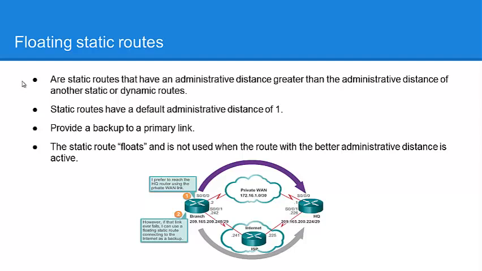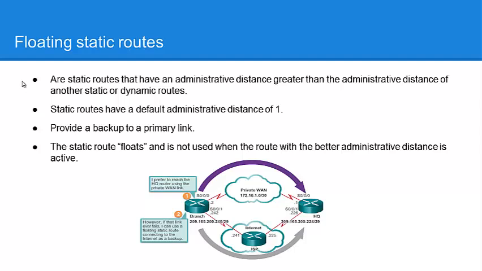It is time to talk about floating static routes. These are static routes that have an administrative distance greater than the administrative distance of another static or dynamic route. Static routes have a default administrative distance of 1. These floating static routes also provide a backup to a primary link.